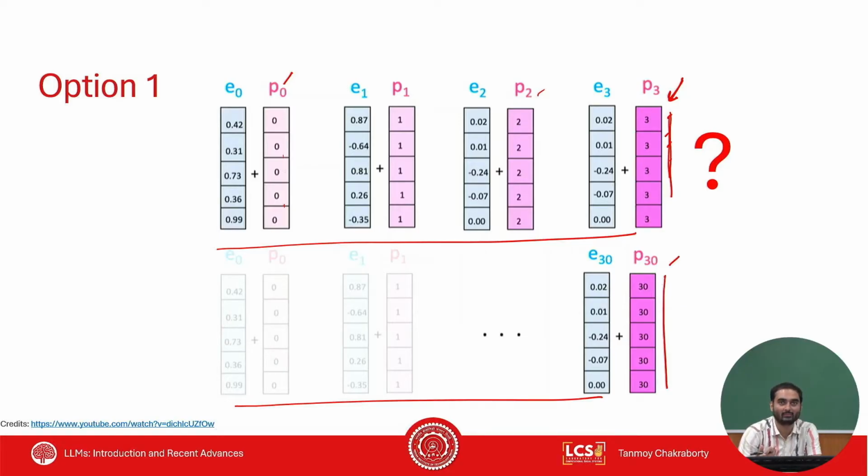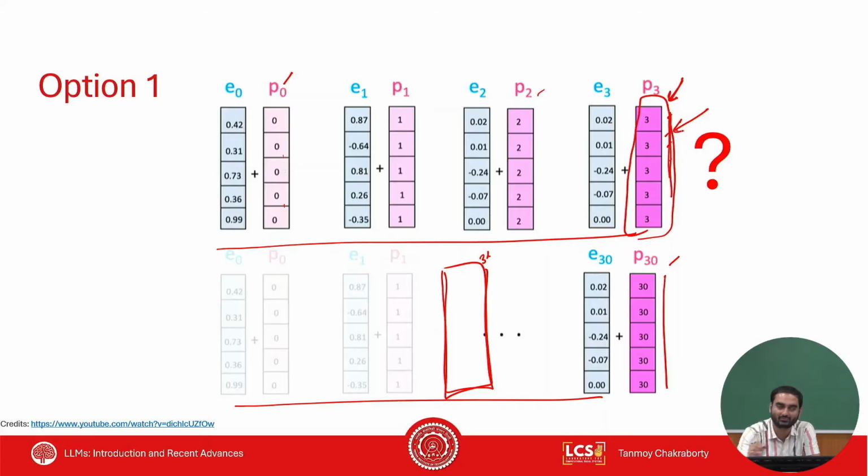So the model may misinterpret by thinking that this 3 position embedding is the same as here, which is also the third position. How does the model know that this is the end of the sequence? Because here also you have 3, 3, 3. So determining the maximum length of a sequence is not possible through this approach.